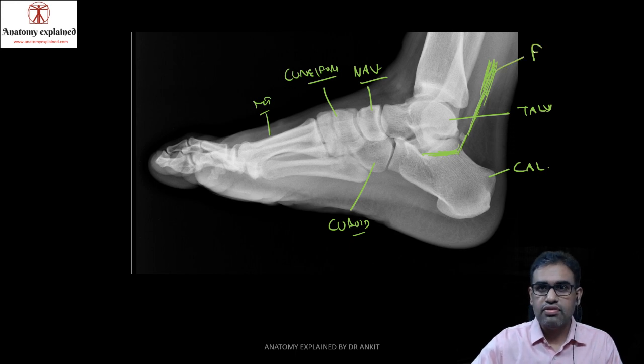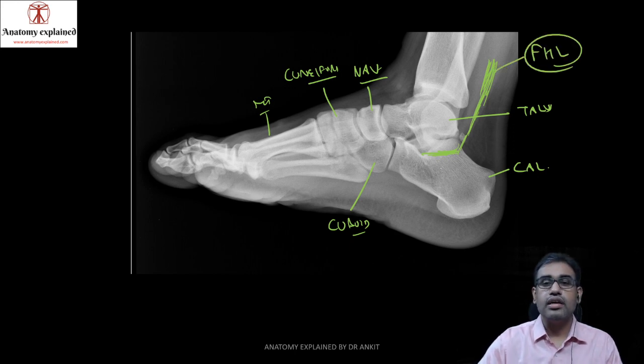You have to remember that it goes just below the sustentaculum tali, so the sustentaculum tali, part of the calcaneum, acts as a bone pulley, and then it goes forward. It attaches on the sole of the foot, towards the base of the distal phalanx of the great toe, the first toe. So that is where the flexor hallucis longus, a very important tendon, attaches.